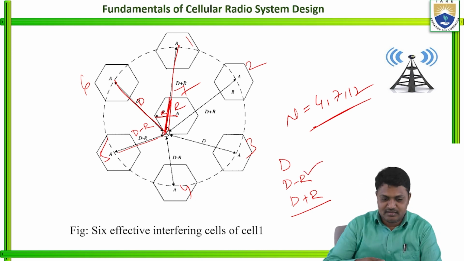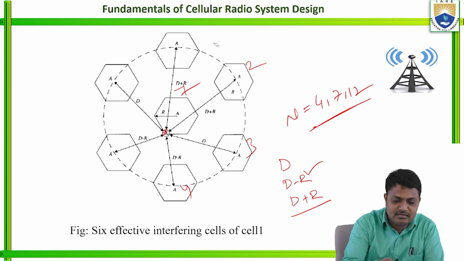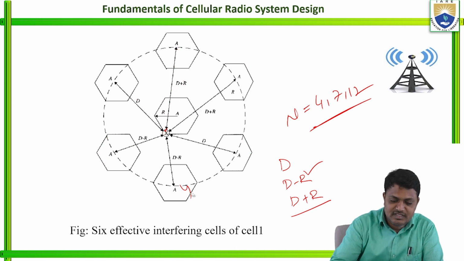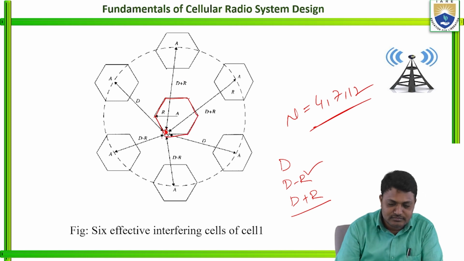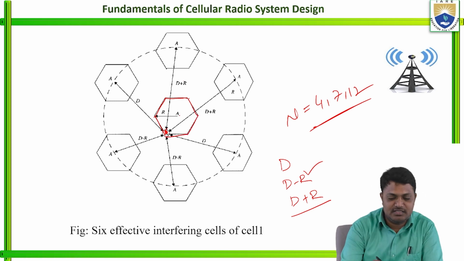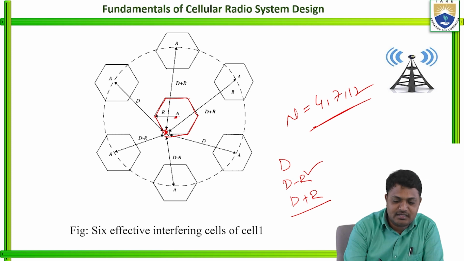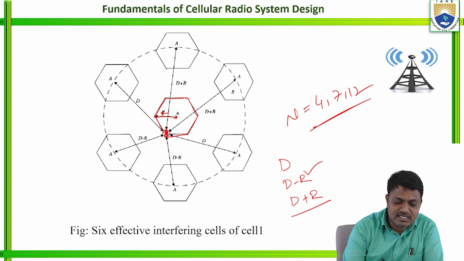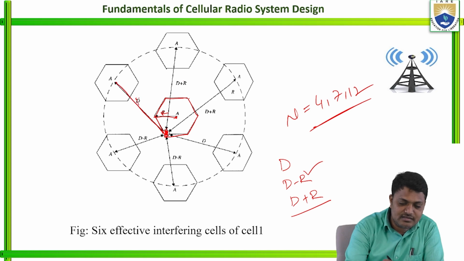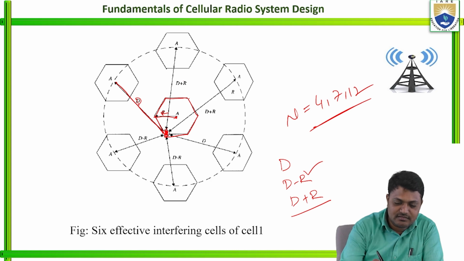See here, I will explain. The base station of this cell is available here. I am drawing once again. This is the cell, this is the center point, this is the radius, and the base station is available here. The distance from this cell to the adjacent cell is d.